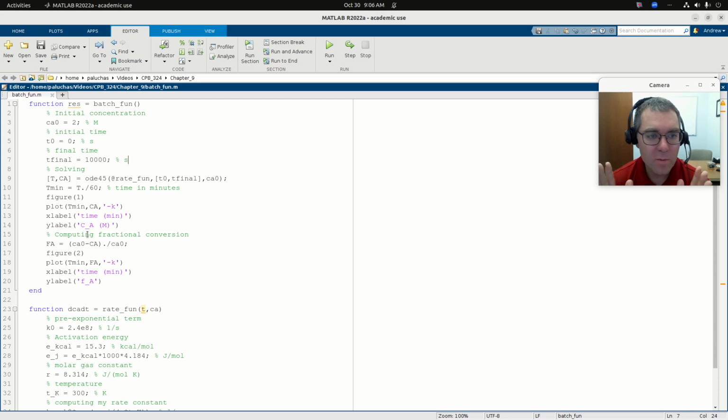What do we want to do? If I am trying to determine when I have a fractional conversion of 0.8, let me take this in steps. Actually, I'm going to leave all of this because I like the plots.